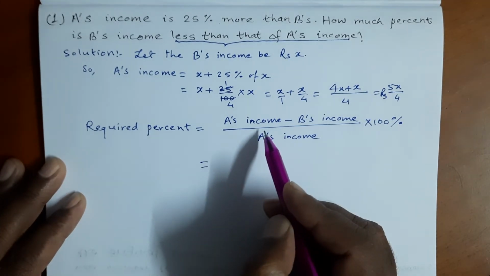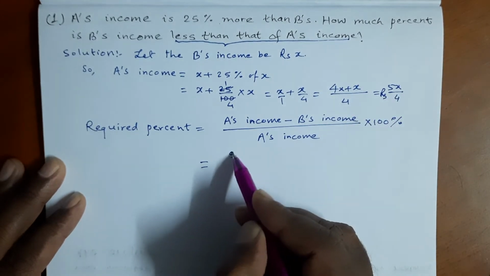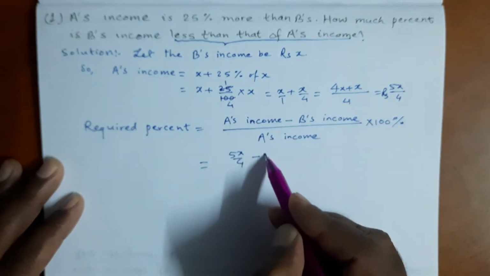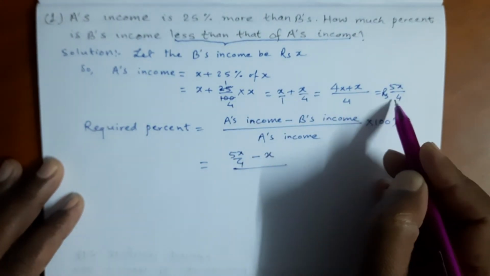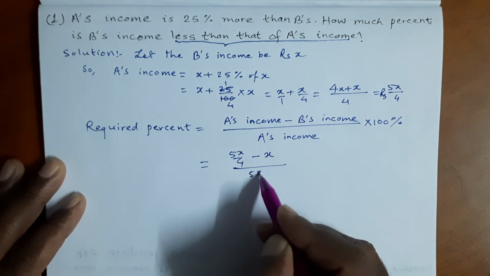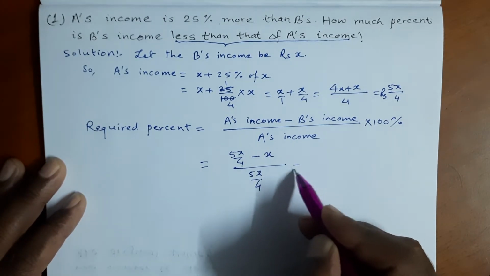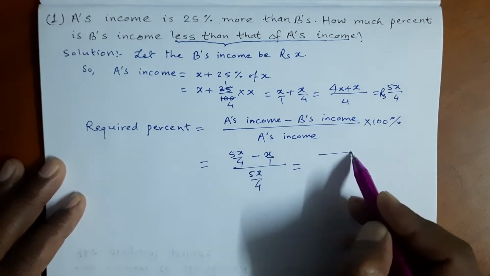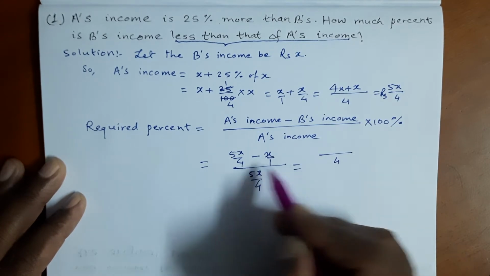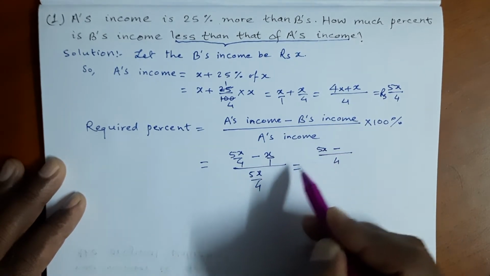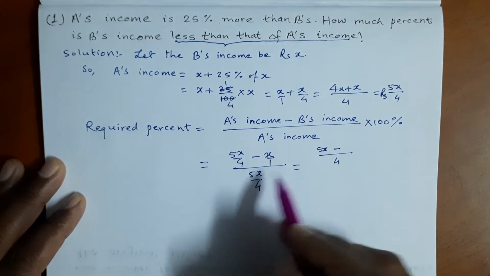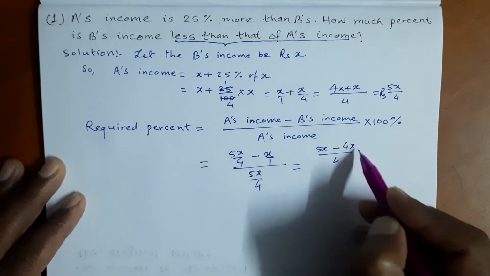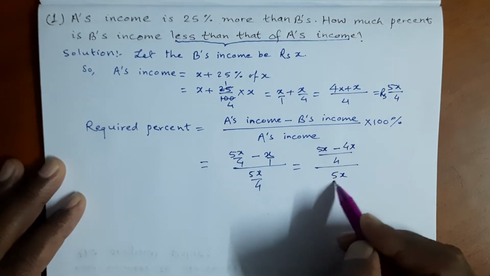And here A's income is 5x over 4, minus B's income, here x, over A's income, which is 5x over 4. This equals, here nothing means 1, LCM of 4 and 1 is 4. 4 ones are 4, 1 times 5, 5x minus 1 divides 4 four times, 4 times x, so there will be 4x over 5x over 4.